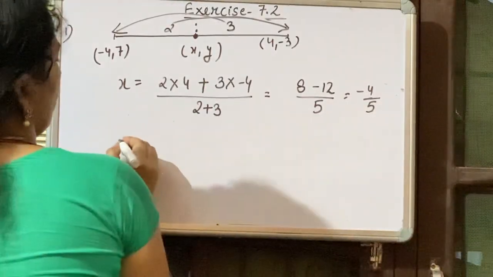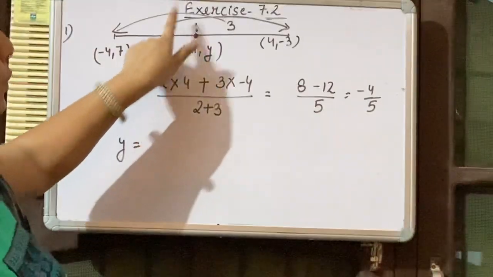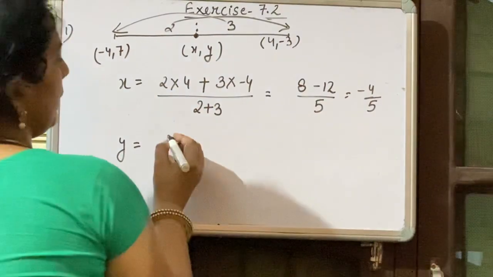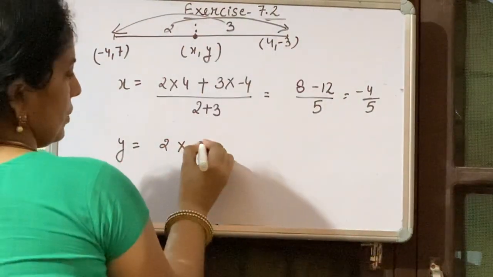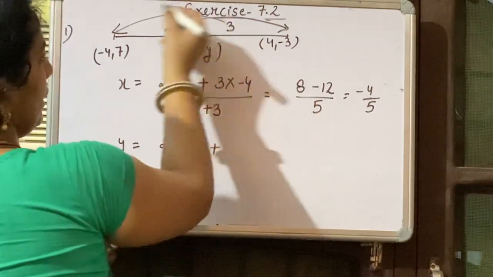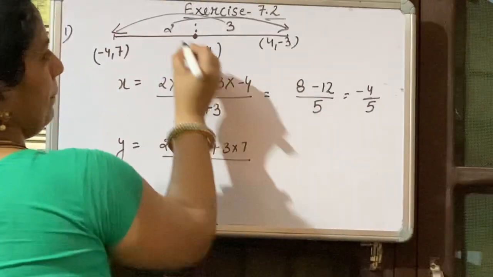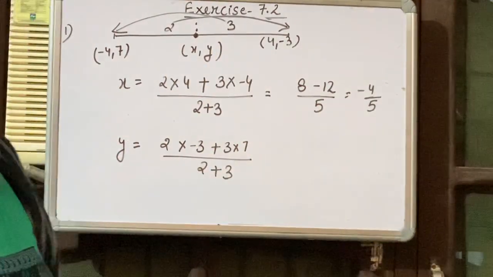Similarly, we can find the value of y when we multiply 2 by the second coordinate. Then it will be equal to 2 multiplied by minus 3 plus 3 multiplied by 7 and divide by 2 plus 3, that is the sum of the ratio.